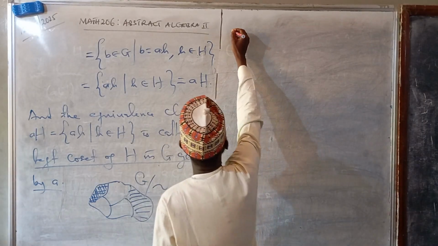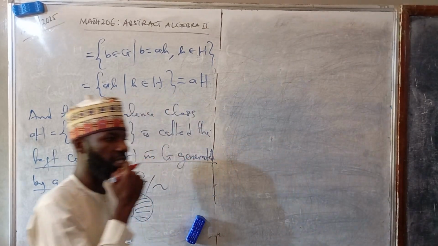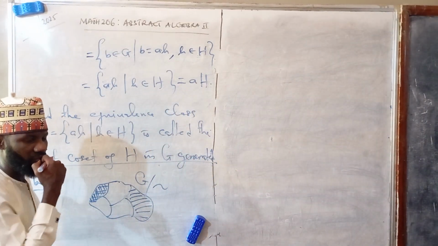Because if you now ask, what will be the coset generated by the identity element of the group?